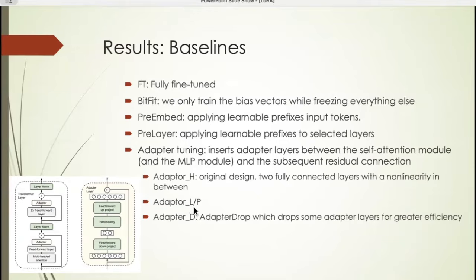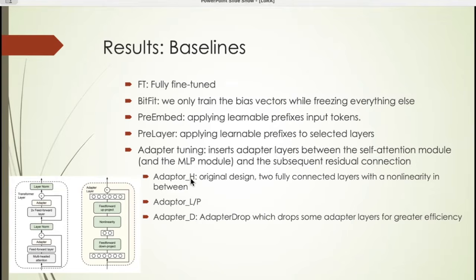I think for L and P, they made some modifications of where they want to add the adapter layers. The original one adds the adapter after the feed-forward layers, and I think L may also add it after the layer norm. P is another variant of L. Adapter D applies some dropout to the adapter layers.